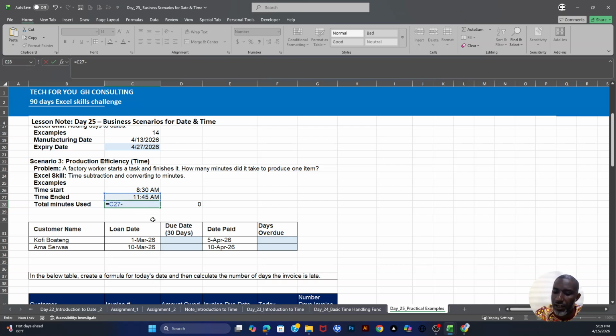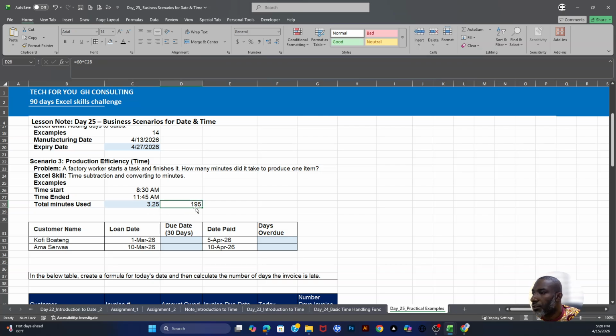So this 11:45 minus the 8:30, and because time is a fraction of 24, we always have to multiply the product of our subtraction by 24 so that it gives us the total number of hours. So here, the worker actually used 3 hours, 25 minutes for the project.